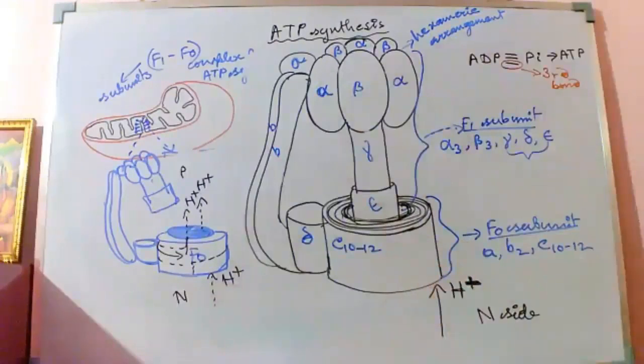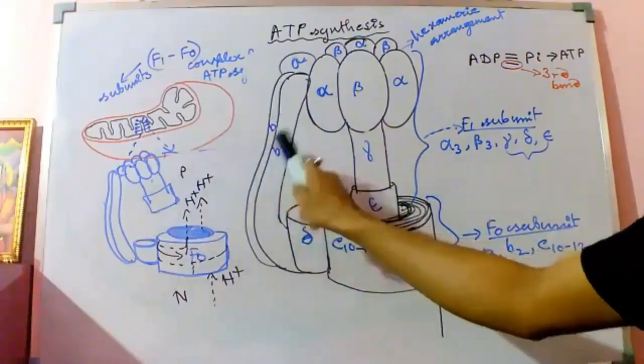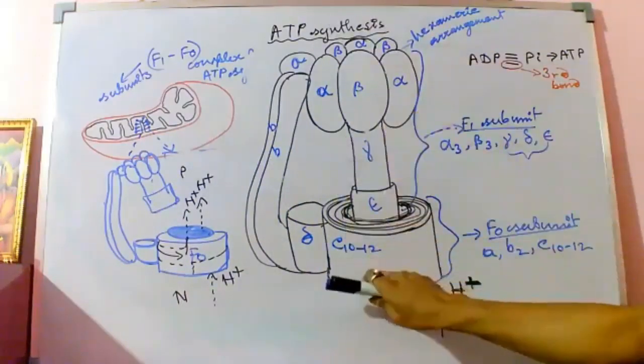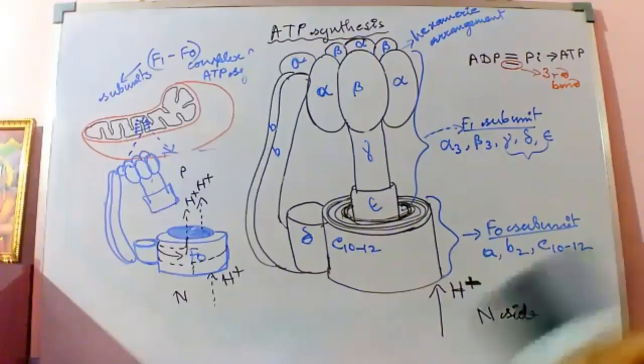Once the protons are pumped out, then for the subsequent stages of the electron transport chain, again this B portion of the F0 subunit plugs back the F1 subunit, so that within the intermediate stages of all the four complexes of the electron transport chain, it is prevented that an excess number of protons go out of the mitochondrial matrix, so that the electron transport chain can function smoothly, and also the normal physiological processes of the body are kept within balance.